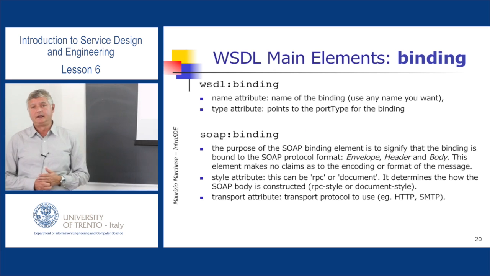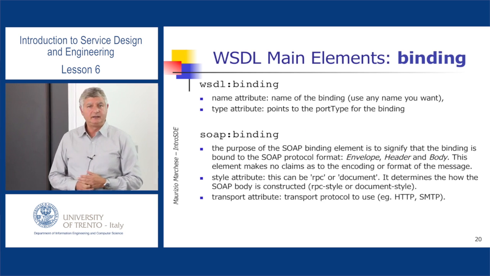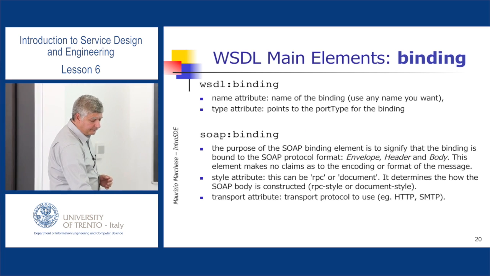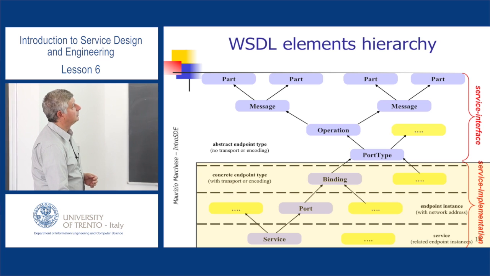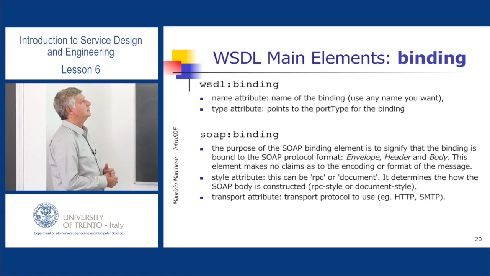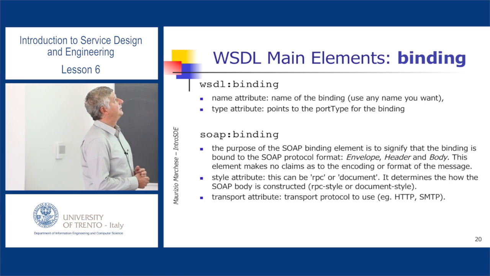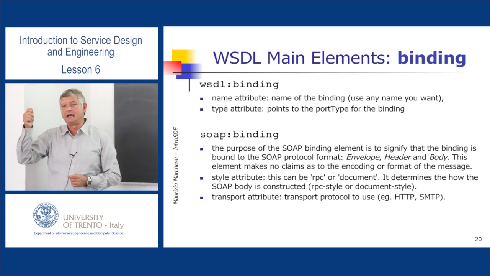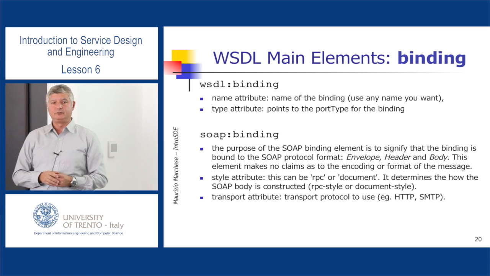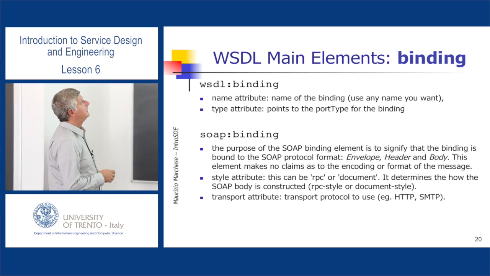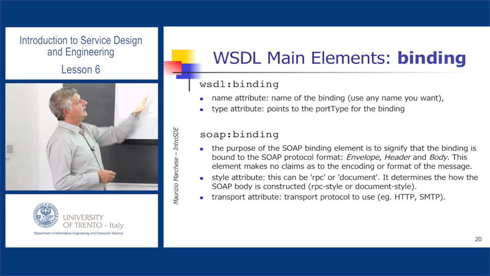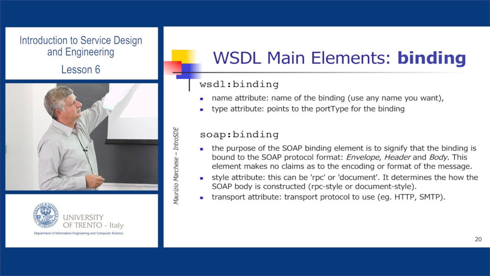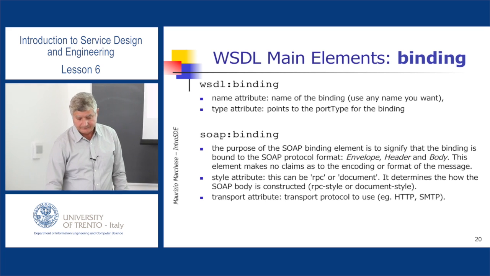You will find at the top level of this hierarchy the so-called binding. This is where you essentially wrap around a port type, which was the higher abstraction of the previous layer, a name, typically, and then you start to be a little bit more specific about the kind of transport that you want to implement.